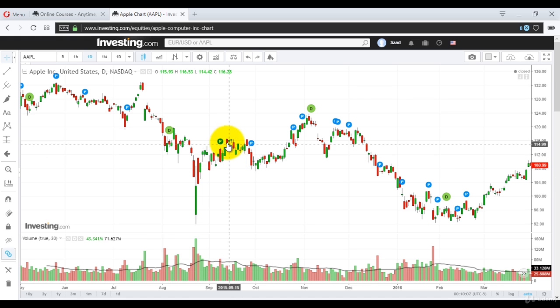And if you look at it right here, this is another hanging man. It opened at 115.93 and closed at 116.28. But look at the low. It's $1.50 lower than the open. Whereas the body is 115.93 minus 116.28.